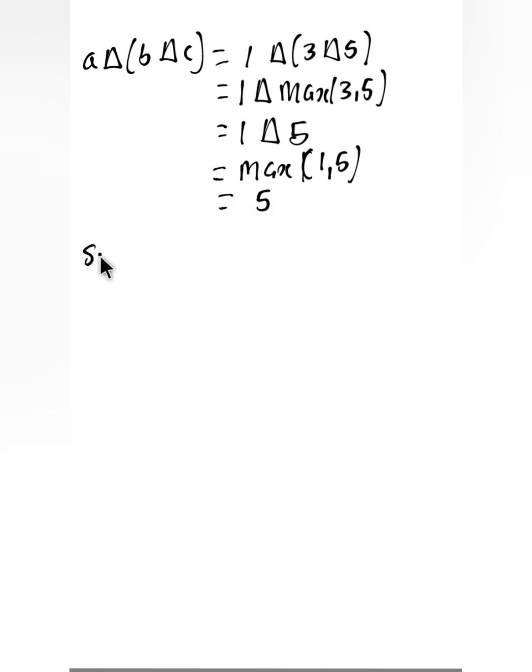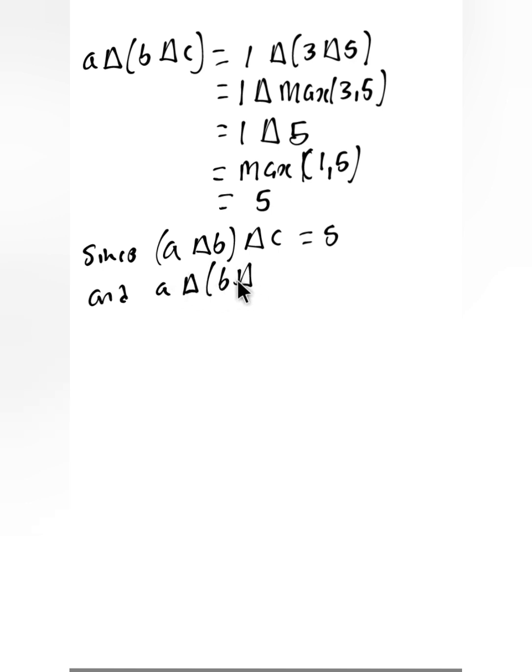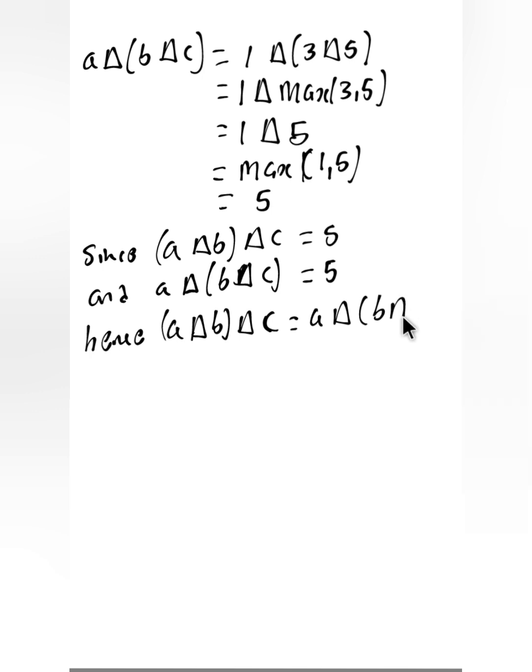Now, since (A operation B) operation C is equal to 5, and A operation (B operation C) is also equal to 5, hence (A operation B) operation C is equal to A operation (B operation C).